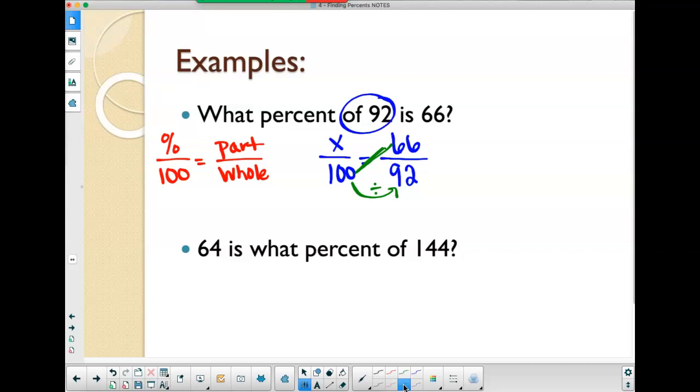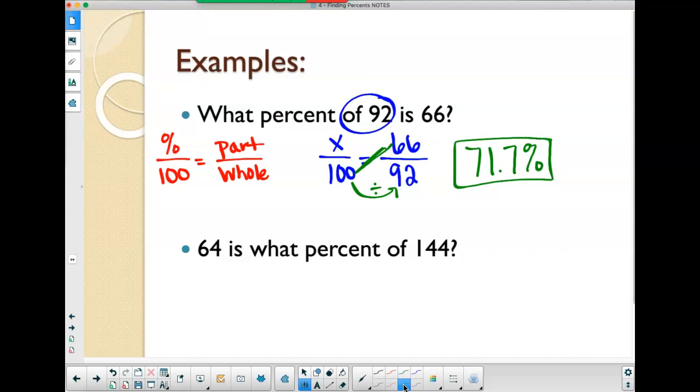Anybody got an answer? Go ahead, Sam. 71.7. Yep, I got 71.7. Make sure and put a percent sign on it. 71.7%.